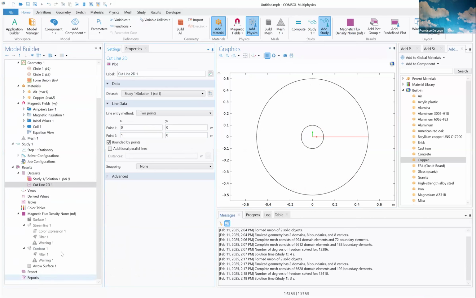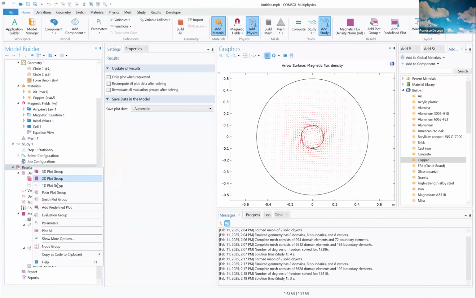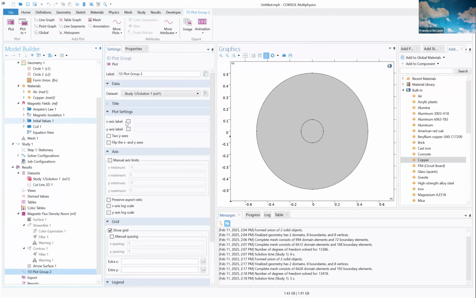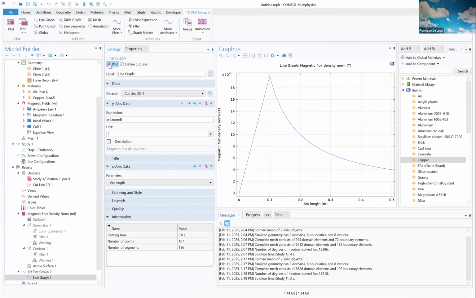Now over here, I click, no, yeah, 1D plot group, line graph. Okay, there it is. So this is the magnitude of the magnetic flux density.